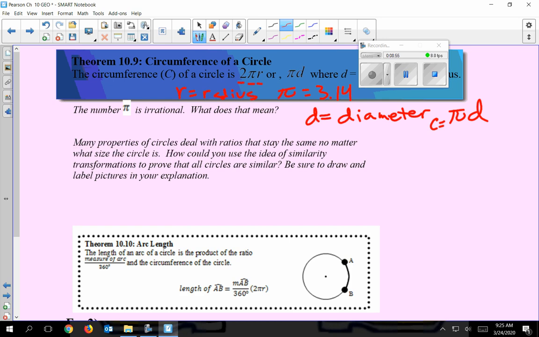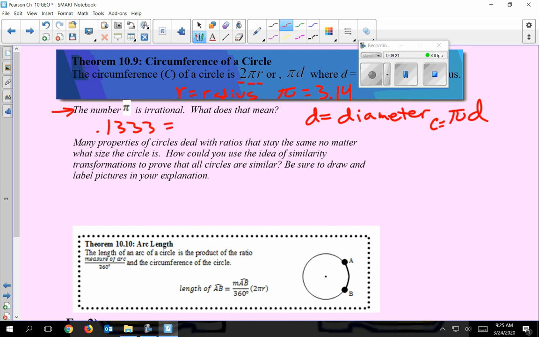We've talked about this before, but I'll go back over it. Circumference is like the perimeter of a circle. It's the outside line. How long is that line? The number pi in this question is irrational. What does that mean? Remember, irrational would be something where you get a decimal that keeps going.